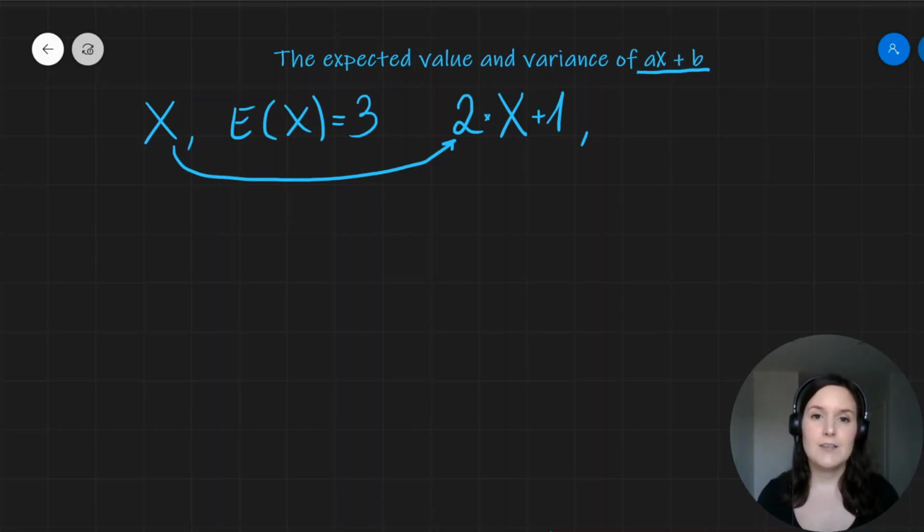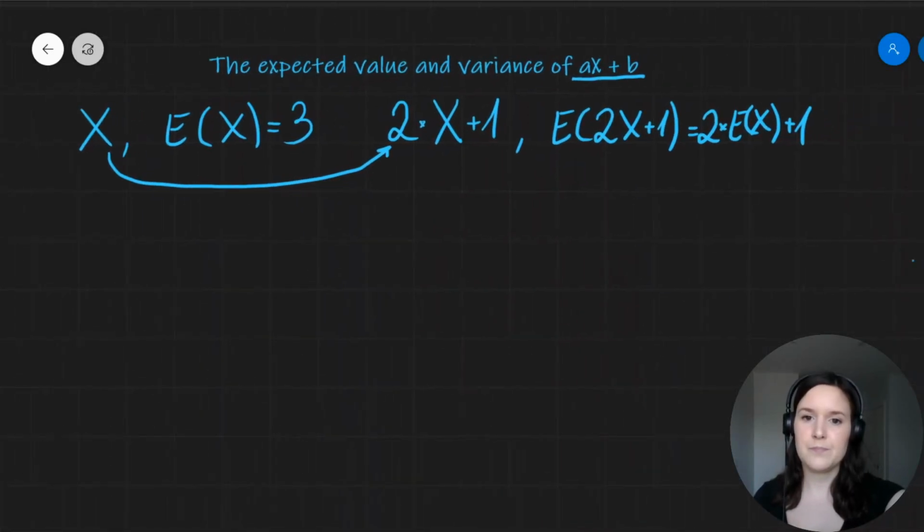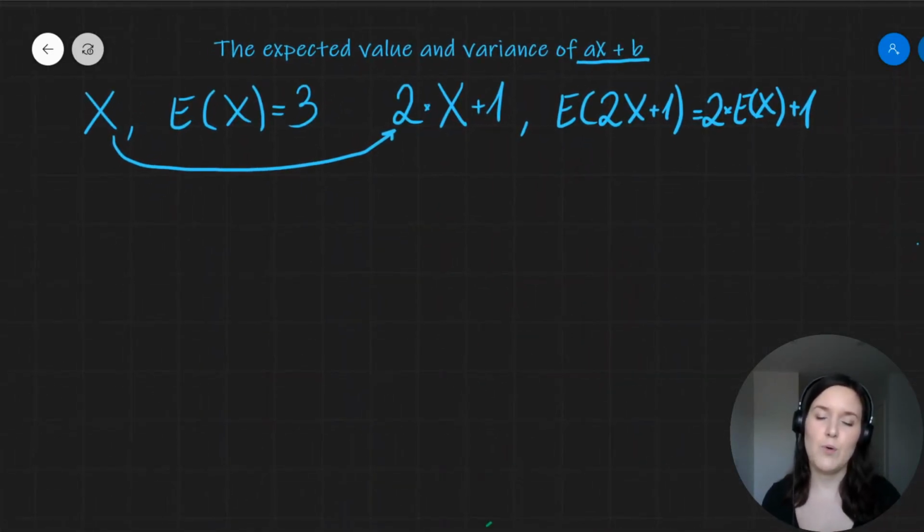And if you add 1 to all the numbers, their mean is also increased by 1. So the new expected value of 2x plus 1 is 2 times the old expected value plus 1.